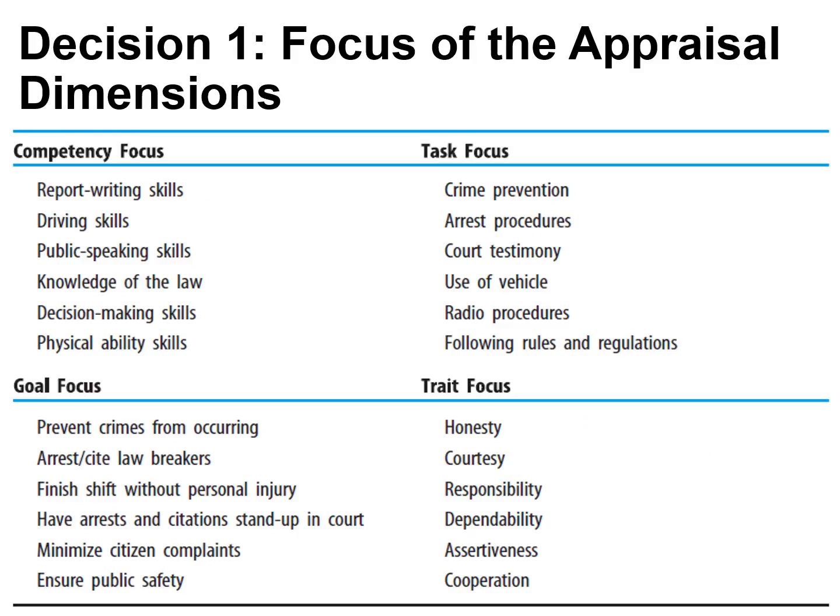So here are some specific examples of the various areas of concern we have under the different categories or appraisal dimensions that I've mentioned to you. When we talk about competencies, we talk about very specific skills, such as driving skills or public speaking skills.